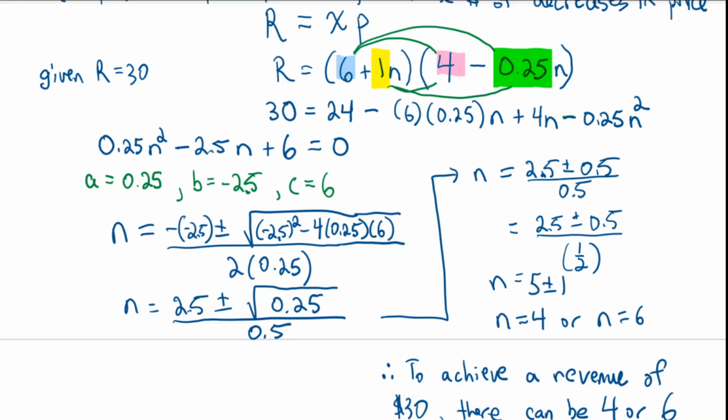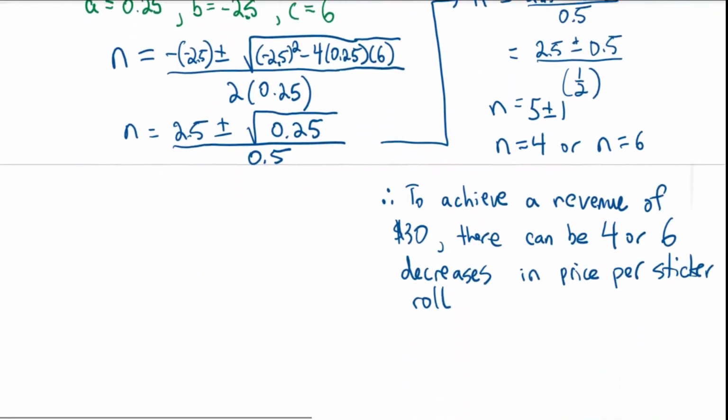Given our general expression, let's not set our equation to be 30. Let's just graph our revenue with respect to n.